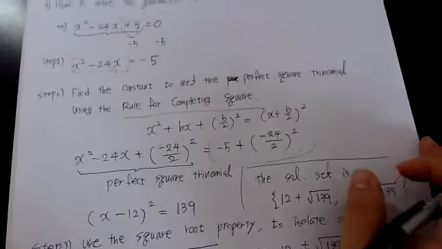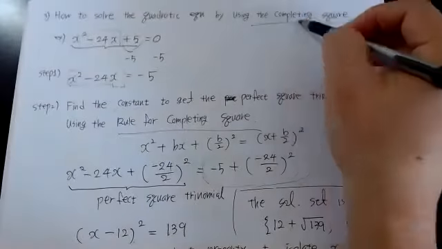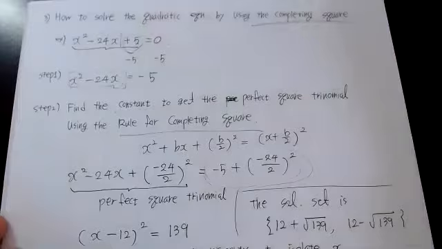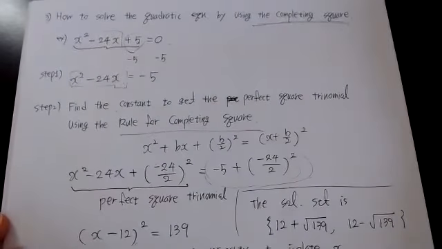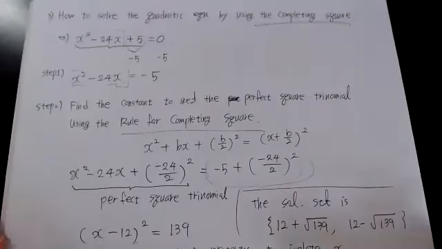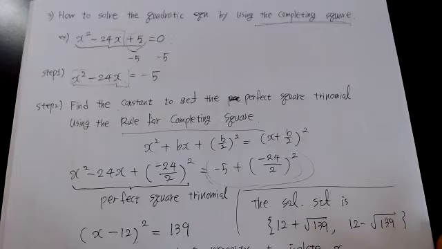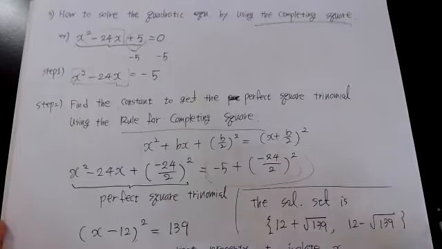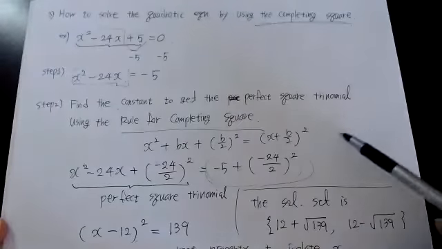I told you, this completing the square method is really powerful. We can apply completing the square to any quadratic equation. But as you can see, the process is quite complicated.